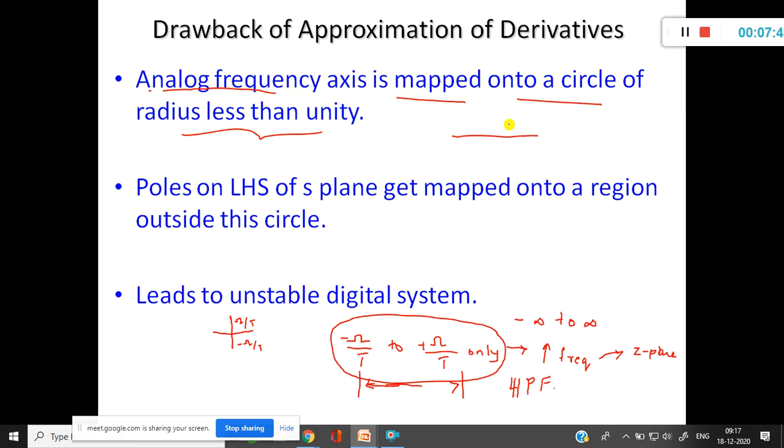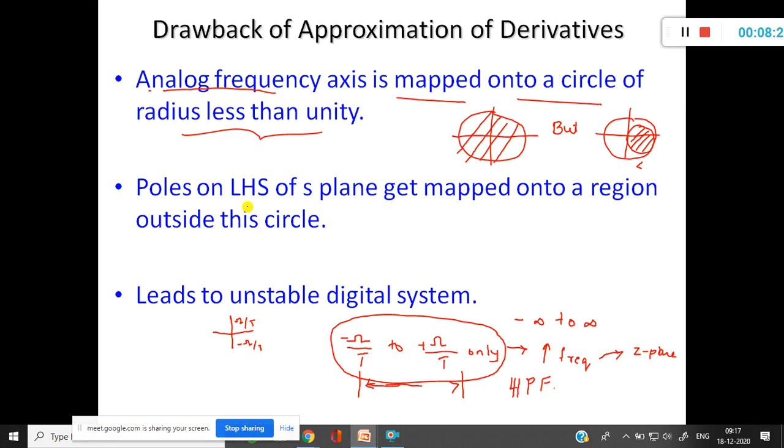As I told you, I expect the frequencies to be mapped within the unit circle, but we got to know that I can map all the frequencies only within this range, which is less than unity. So this was again one of the disadvantages.